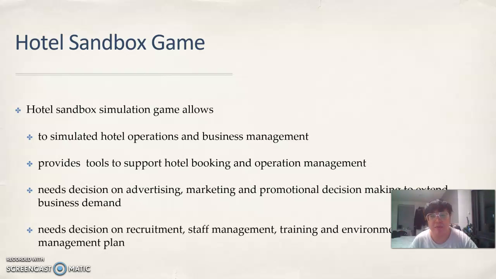To support the business management process of the hotel, the game allows making decisions regulating the ad, marketing and promotion decisions to extend overall customers' demand. Further, to manage the operational process, it allows making decisions related to recruitment, staff management, training, and environment management plans.